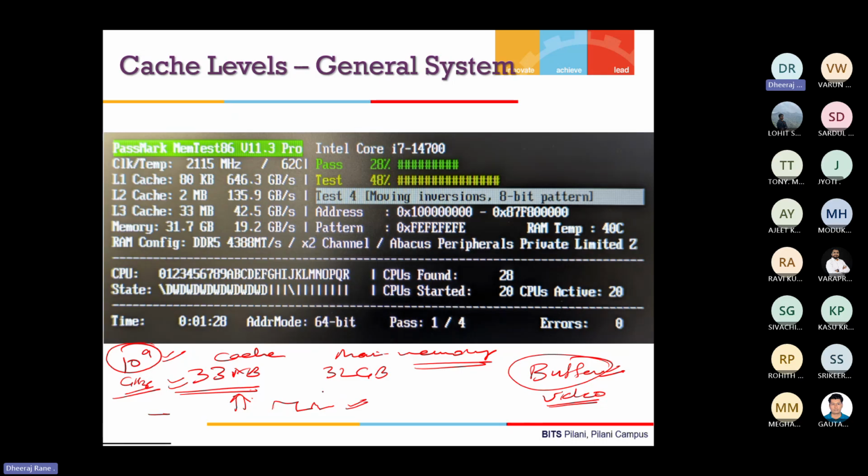Just try to imagine that within a second you are generating 10 to the power 9 clocks for a 1 gigahertz processor, right? So just imagine what difference we can have when we are having a 3 or 4 gigahertz processor, and how fast all these operations, the switching and everything, would be. But the only thing is we need to match up the speed.